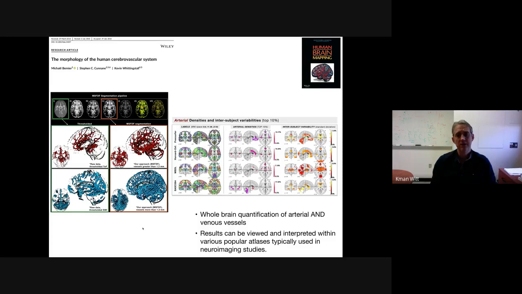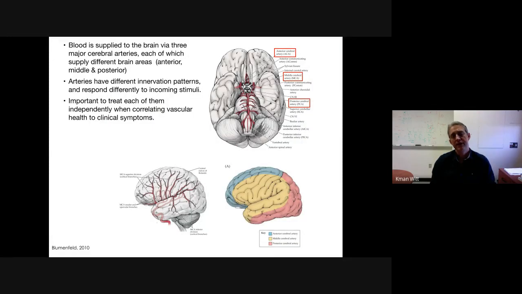By that, I mean the brain is essentially supplied by 3 major arteries. You have the anterior, the middle, and the posterior artery. Each of these arteries are responsible for perfusing different areas of the brain. So, for example, the middle cerebral artery here has a large territory covering the temporal lobe.